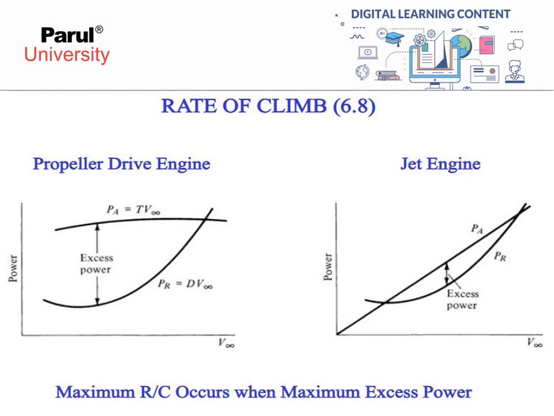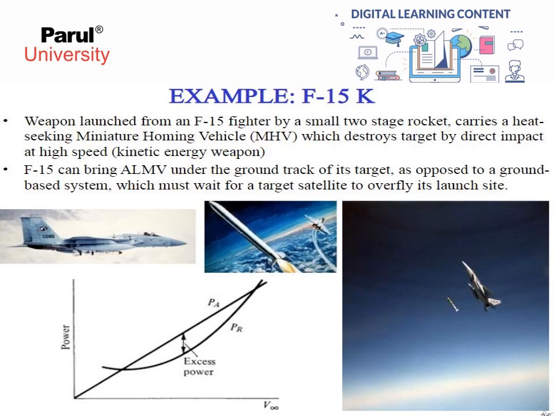Okay, the maximum rate of climb occurs when there is maximum excess power also. For example, the F-15K: weapons launched from an F-15 fighter by small two-stage rockets carry heat-seeking miniature homing vehicles (MHV), which destroy targets by direct impact at high speed, kinetic energy weapons.